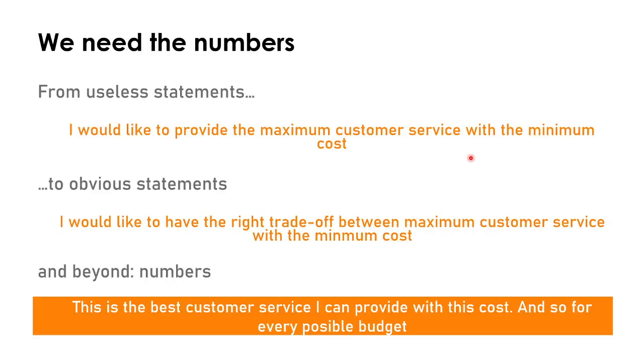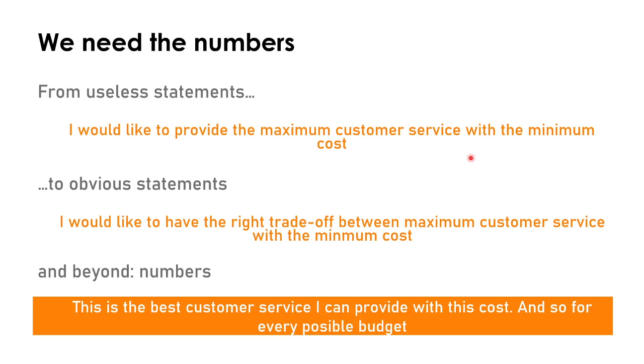The thing I want to highlight here is that we need numbers. In the case of customer service versus cost, we can have useless statements like, I would like to provide maximum customer service with a minimum cost. That is saying nothing, because of course we want that. So we need to get rid of those kinds of approaches. And we can move to what we might say are obvious statements, like, I would like to have the right trade-off between maximum customer service and the minimum cost.